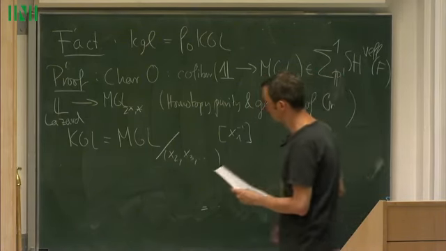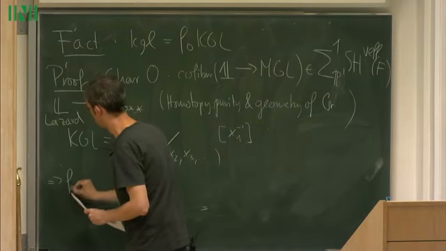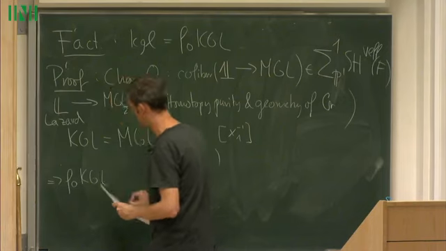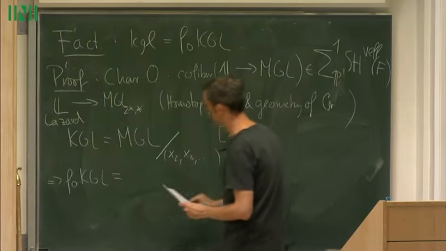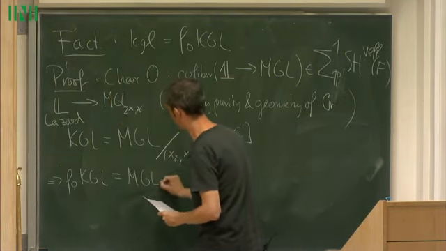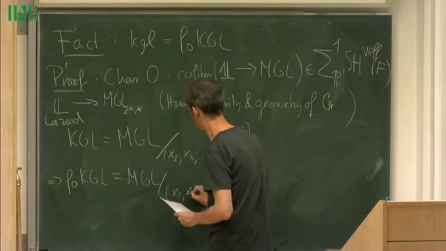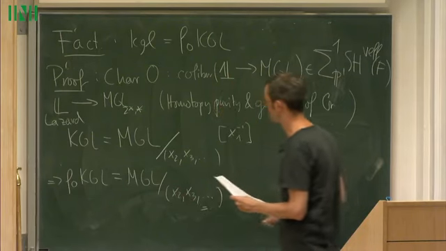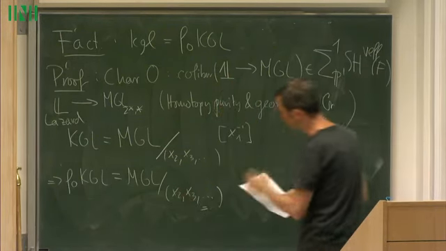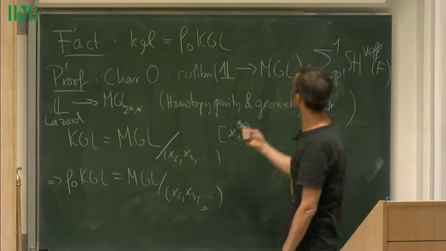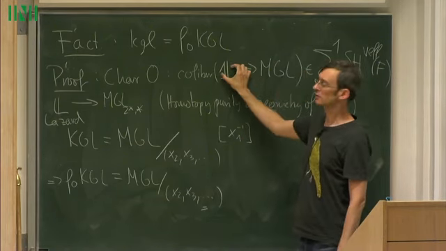This tells you that the zeroth effective cover is gotten as the following quotient, where you don't invert x1. And MGL, I didn't say this, is by definition very effective.